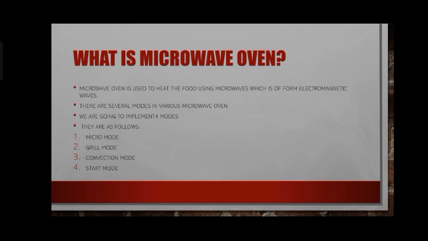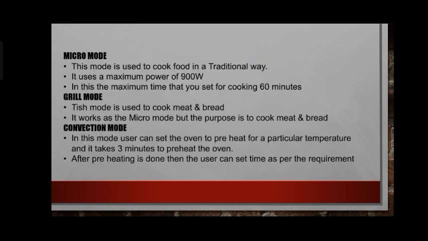First of all, what is a microwave oven? A microwave oven is a device that is used to heat food. In this project, we learned there are 4 modes in the microwave oven. The first is micro mode, the second is grill mode, the third is convection mode, and the fourth is start mode.